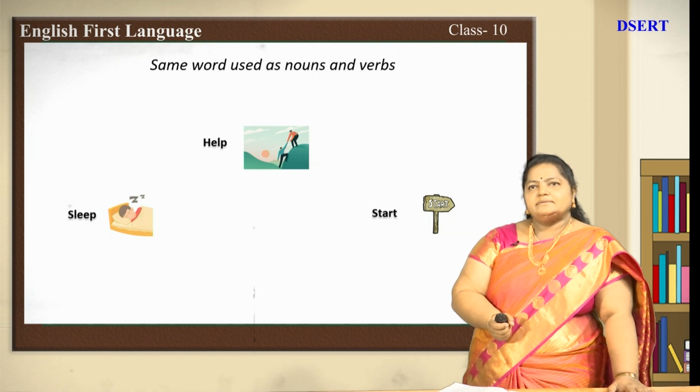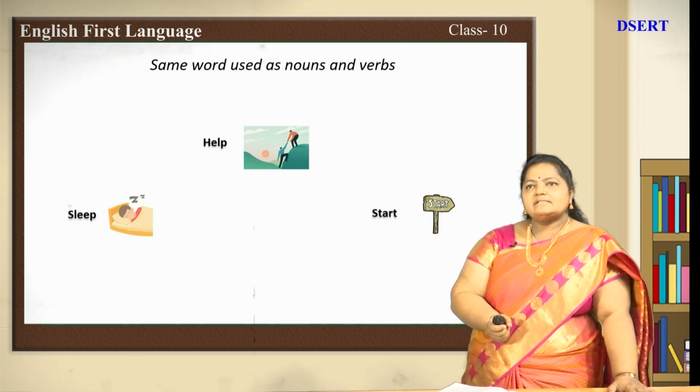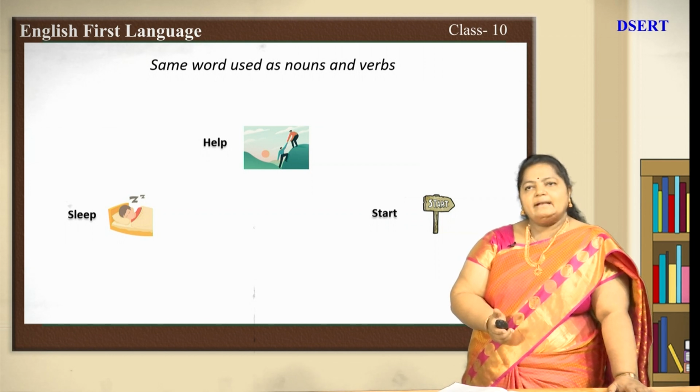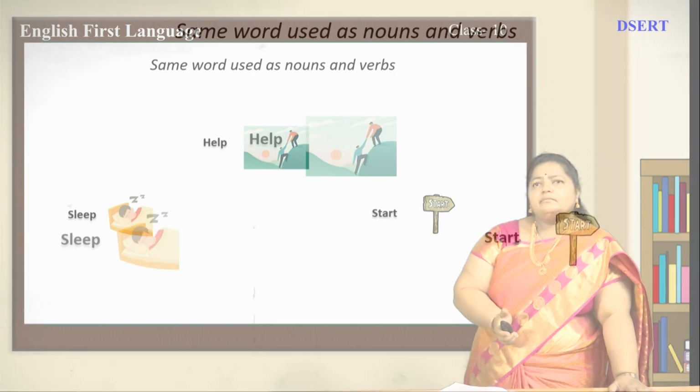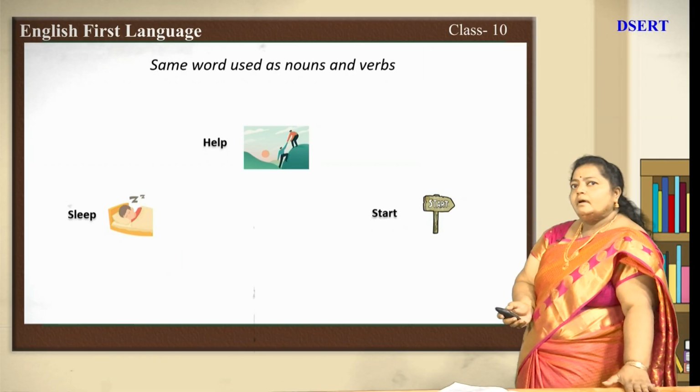There is a wonder, the same word used as a noun and verb. In the last year, 9th standard, you have learnt about this. Let me give you a few examples of the same word used as a noun and a verb. The first is help. Help can be used as a noun as well as a verb.